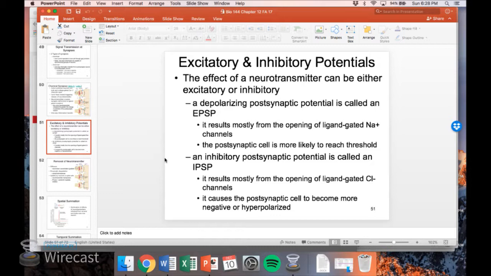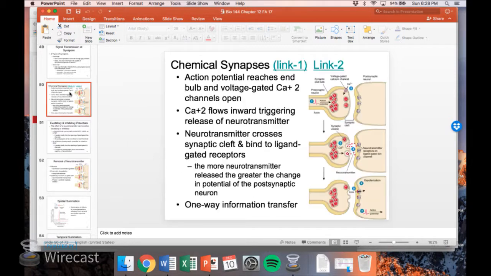It's inhibitory because it's pushing it away from the threshold, and an excitatory postsynaptic potential is excitatory because it's pushing the cell towards an action potential. So an EPSP is pushing it towards negative 55 millivolts, and an IPSP is pushing it away, and sometimes you have both of them active at the same time.